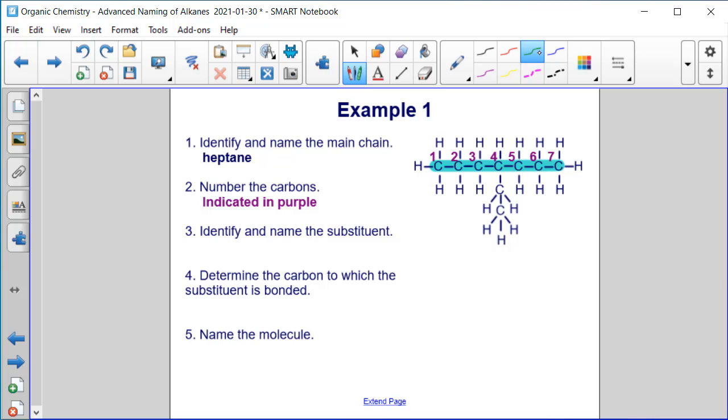So we can see we have all hydrogens off of most of these carbons, but at carbon number 4, we have a chain right here substituted, and this is 2 carbons long, so we call that an ethyl group. Okay, so that's an ethyl group in green.